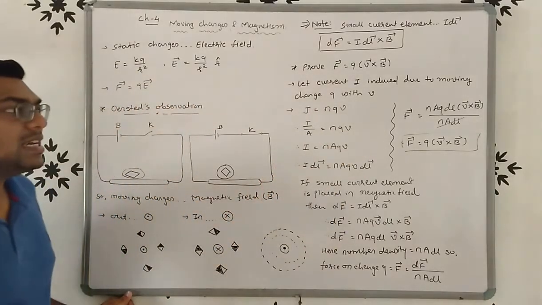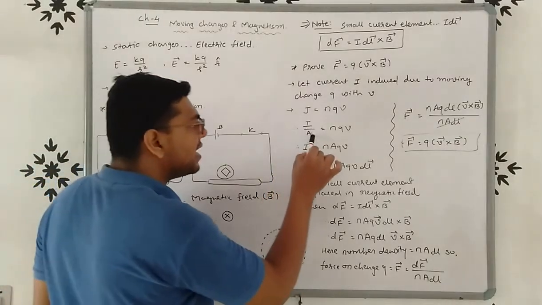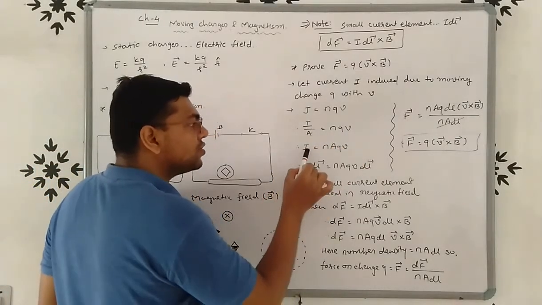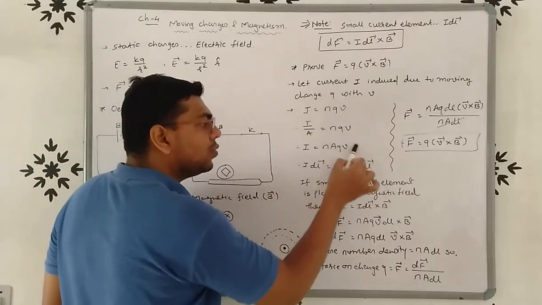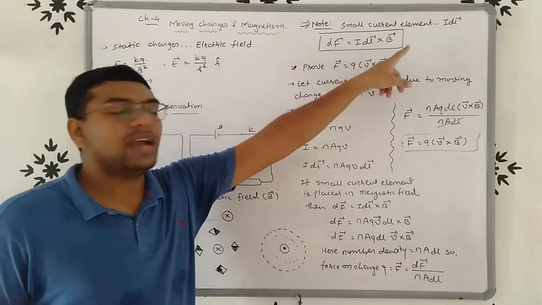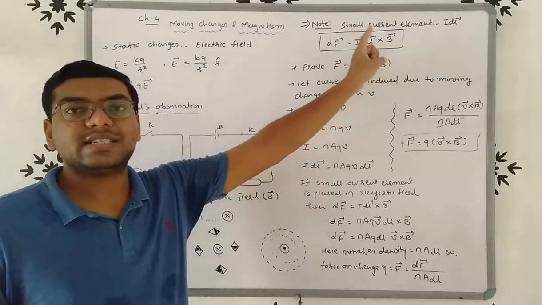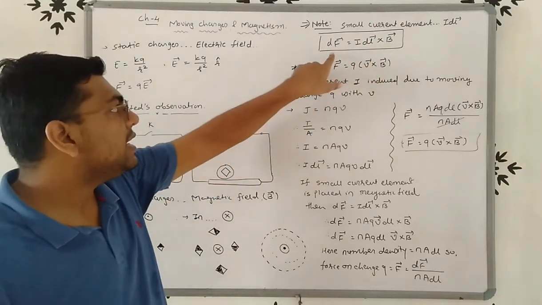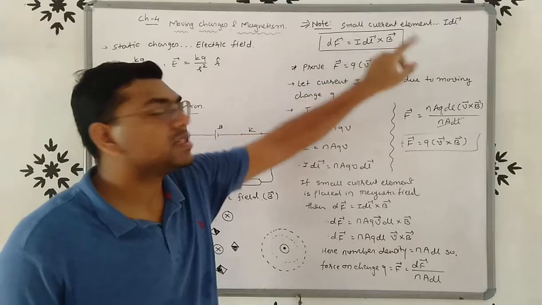But we know that J is equal to I by A. So I by A is equal to NQV. So I is equal to NAQV. Now we know that if the small current element IDL is placed in a magnetic field, then dF is equal to IDL cross B.